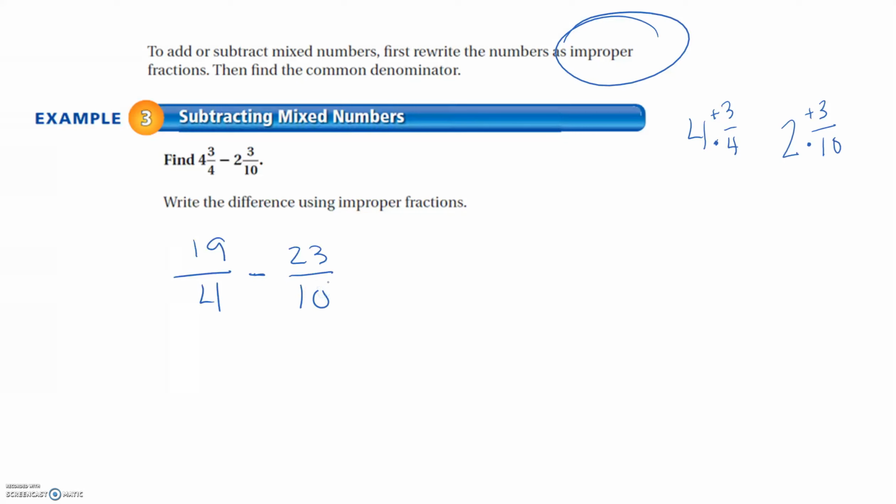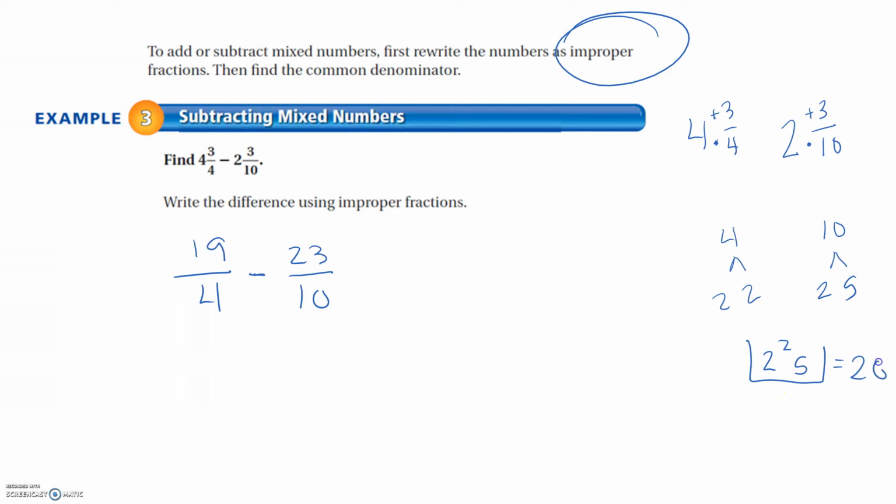Now we want to find our common denominator here. Off to the side, I can find my LCD by using my pot here. I'm going to have a 2 and a 5, and 2 2s.